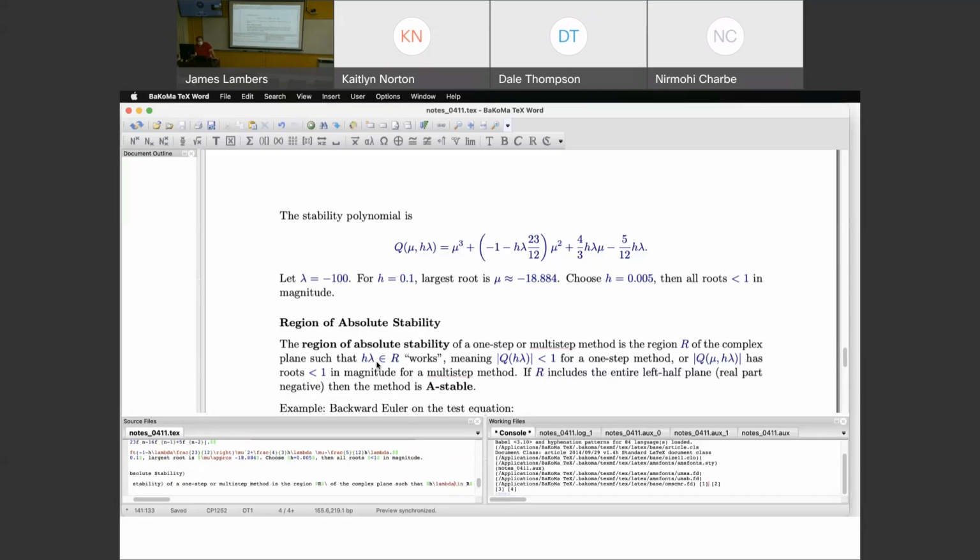So if the method you're studying is a one-step method, you're trying to find all h lambda that satisfy this condition. If your method is a multi-step method, you're trying to find all values of h lambda for which this polynomial has roots less than 1. Actually, this should not have absolute values in it.